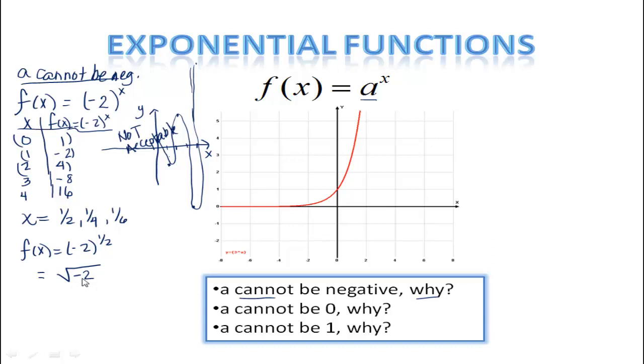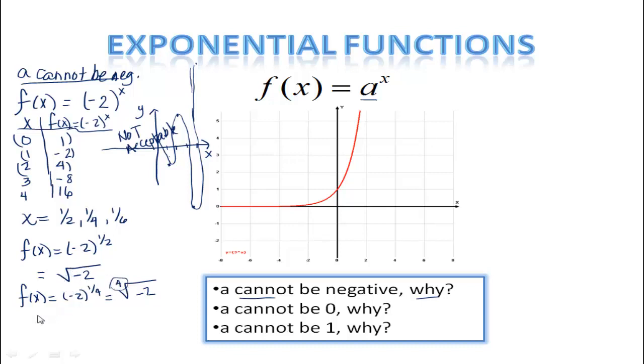We don't. If it's f of x equal to negative 2 to the 1/4 power, that becomes the 4th root of negative 2, and we have the same problem. I don't have a number that when I multiply by that same number 4 times, I'm going to get negative 2, okay?